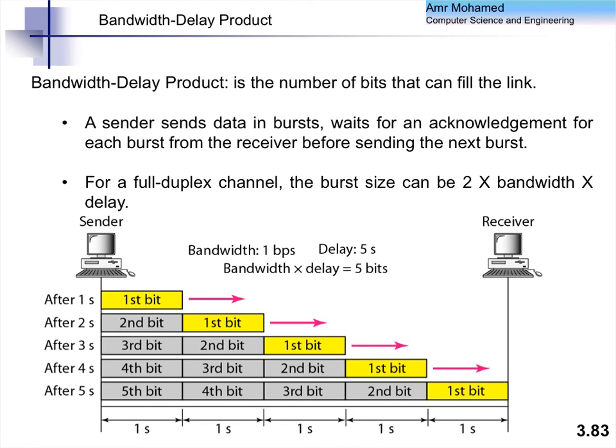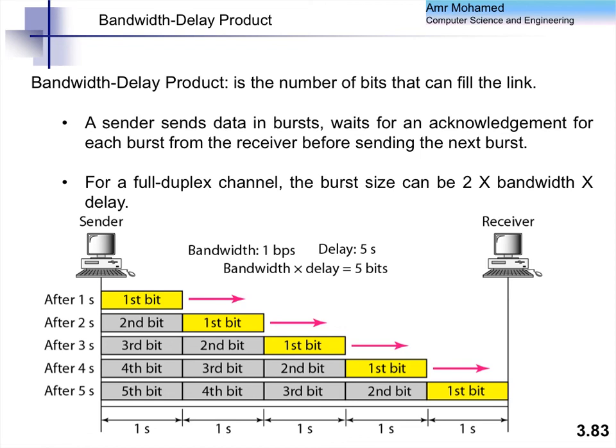This number of bits represents the number of bits that will stay on the line from the sender to the receiver, the number of bits that will fill this line. Why? Because this bit will take, let's say, 5 seconds. When we multiply it by the bandwidth, we actually measure how many bits can be sent over the line in this 5 seconds, right? So this is the bandwidth delay product.